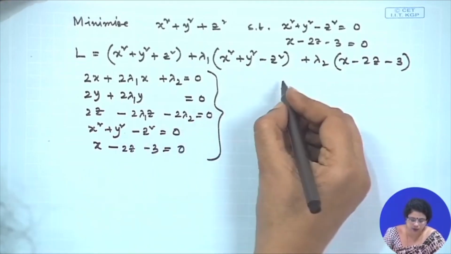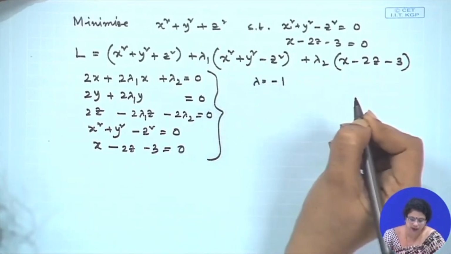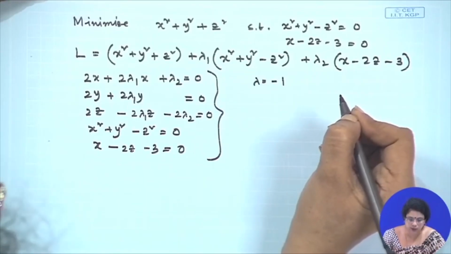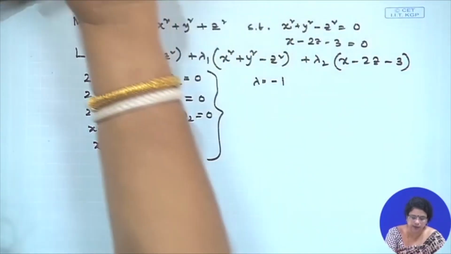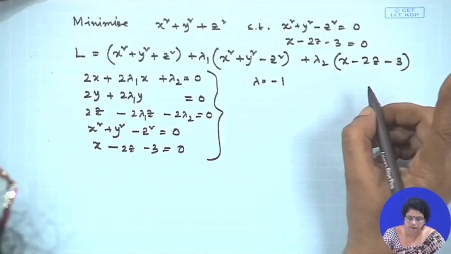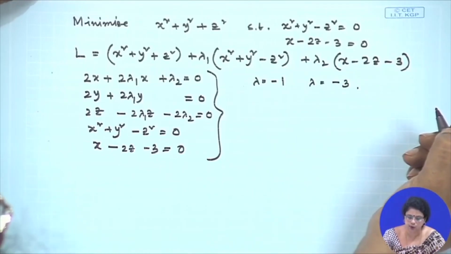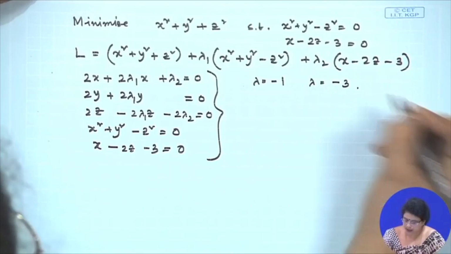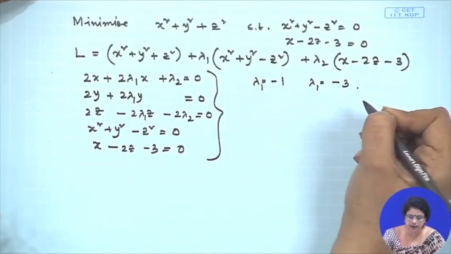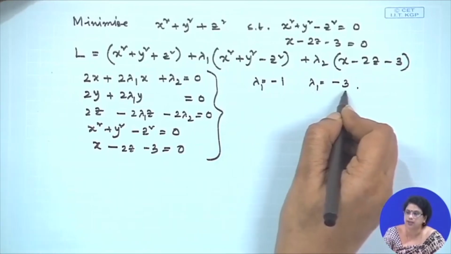One combination will give us lambda equal to minus 1, and another value will have lambda equal to minus 3. We will have these two values of lambda 1. In one case we will have lambda 1 equal to minus 1, another case we will have lambda 1 equal to minus 3.